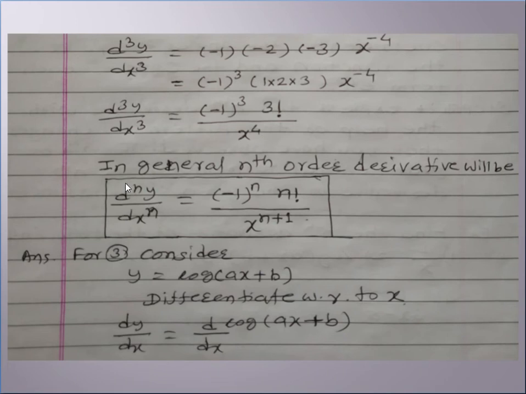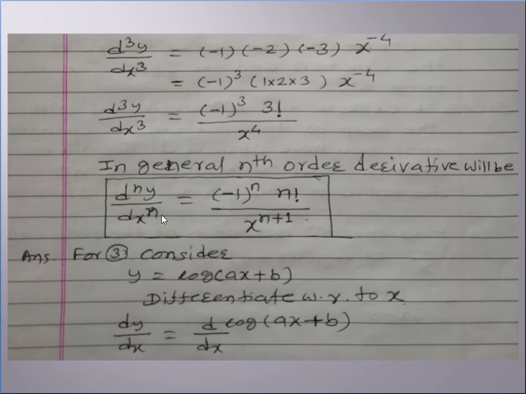Now here, in the third order derivative, the RHS is minus 1 raised to 3 into 3 factorial upon x raised to 4. Observing this, we can write the nth order derivative.